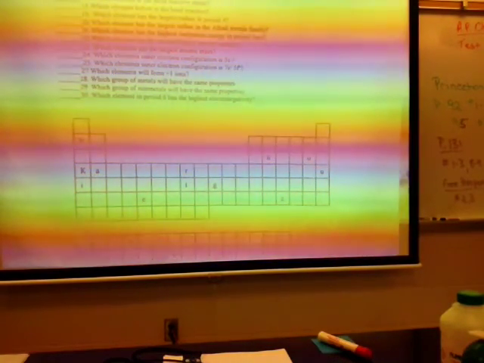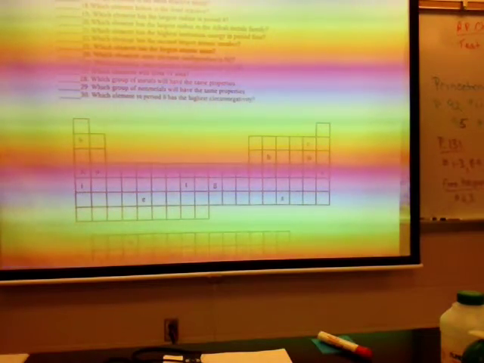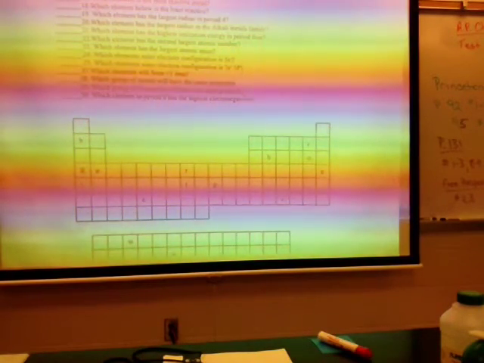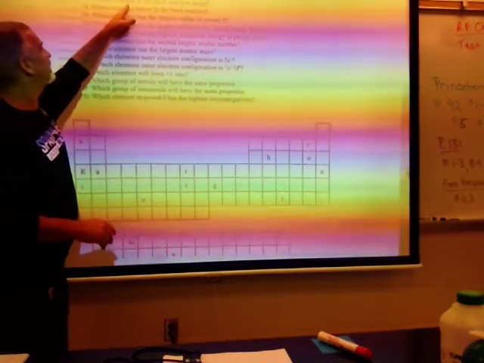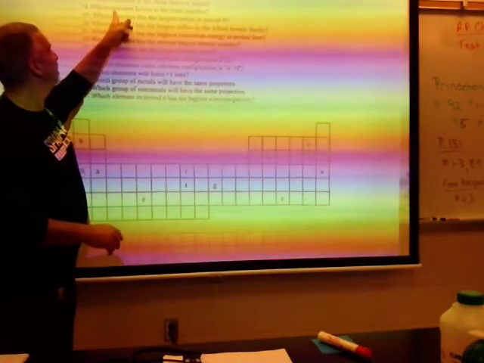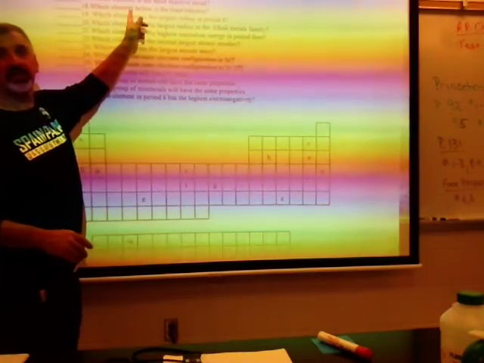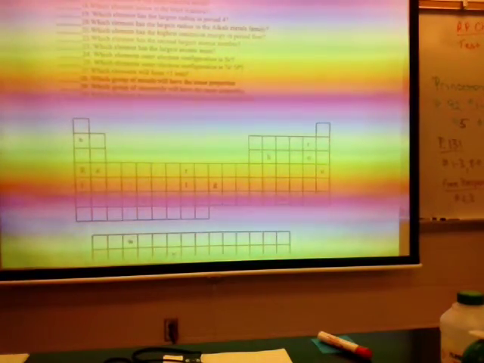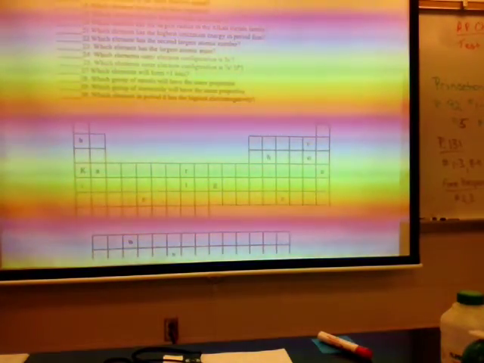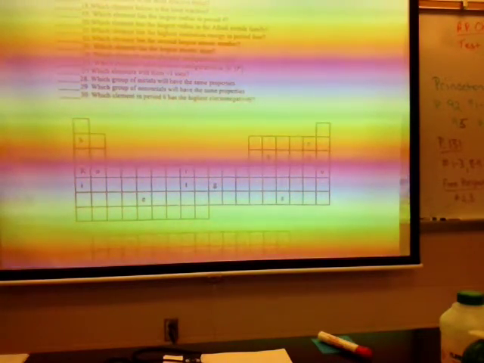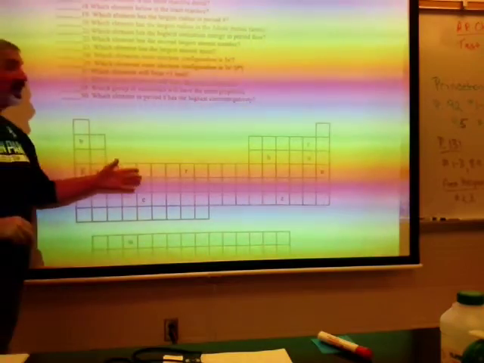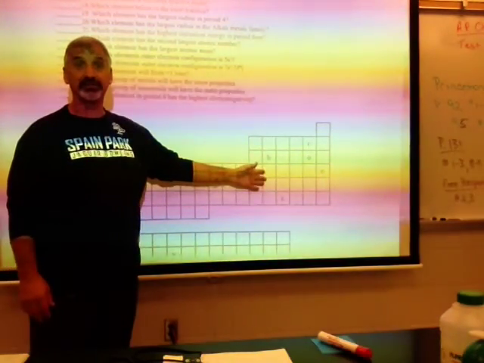It doesn't say metal or non-metal, so it just says which element. So you might want to circle that, it doesn't specify. Noble gases are always your least reactive. But if it did specify least reactive metal, then your least reactive metal is the one at the top and farthest to the right.